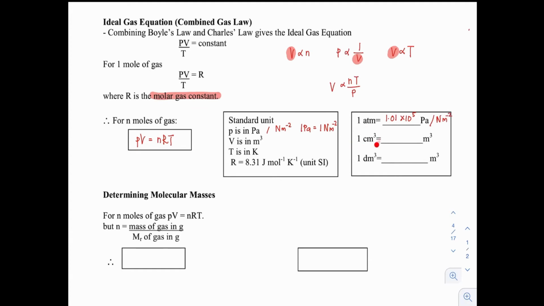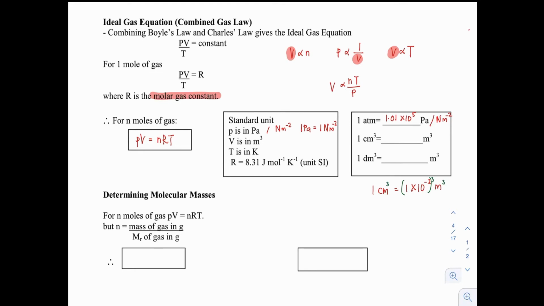Now let's look at the second one. 1 cm cube will be equal to how many meter cube? Let's think back. 1 cm is equal to 1 times 10 to the power of -2 meter. If we want to cube it, this will be cubed and this will be cubed.